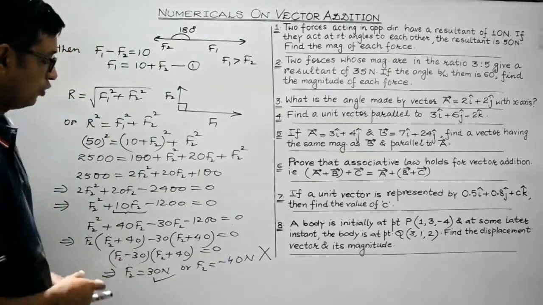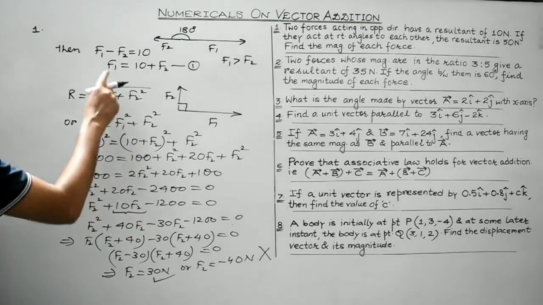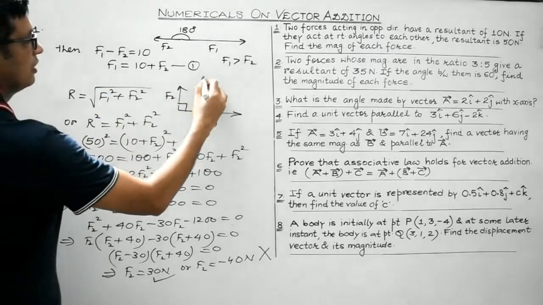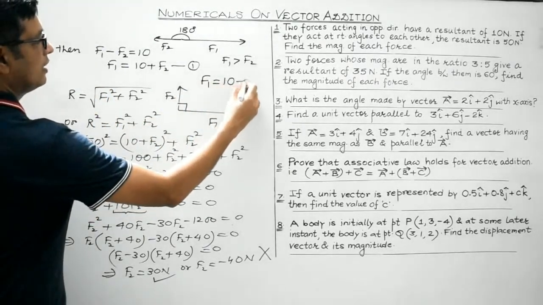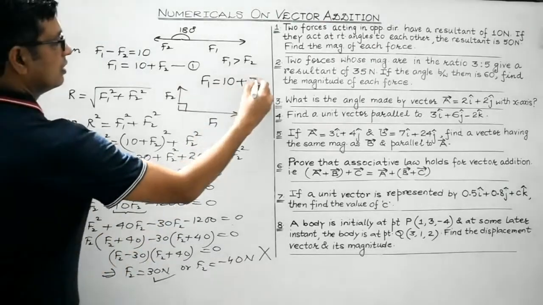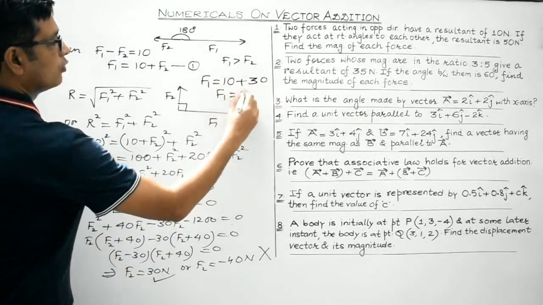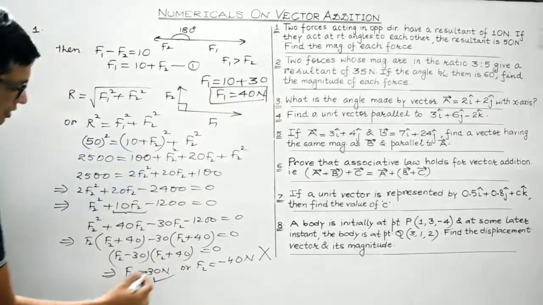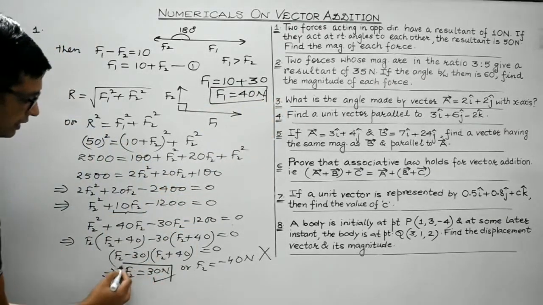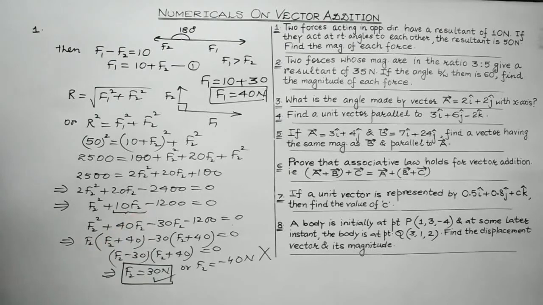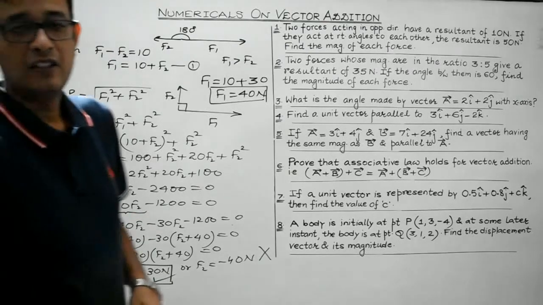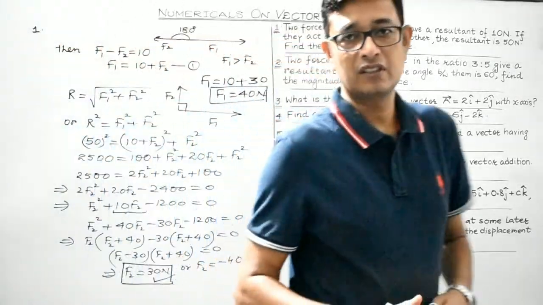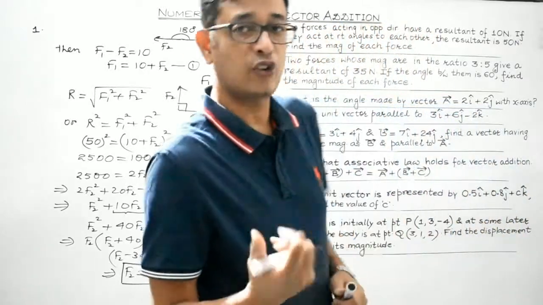So, if F2 is 30 Newton, then what would be F1? F1 would be equal to 10 plus F2, which is 30, so F1 would be equal to 40 Newton. So these are the magnitudes of the individual forces, students. Right? One of the two forces is 30 Newton and the other one is 40 Newton.